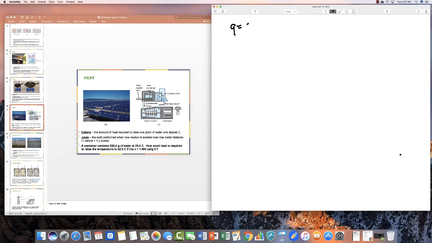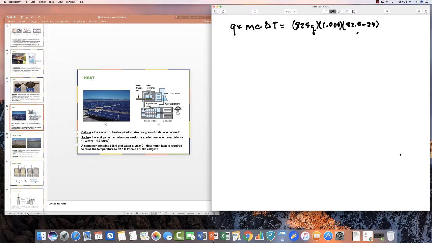Q is going to equal the mass times the specific heat times the change in temperature. In this case, it's 825 grams times the specific heat times the change in temperature, which is 82.5 minus 25.